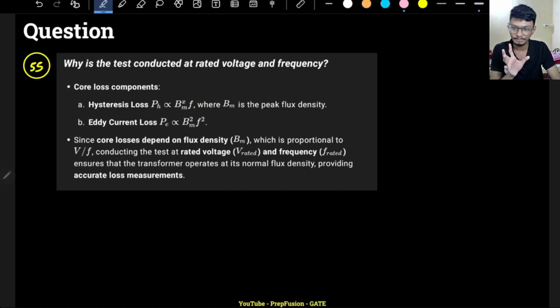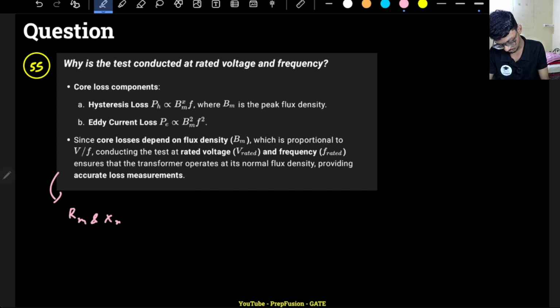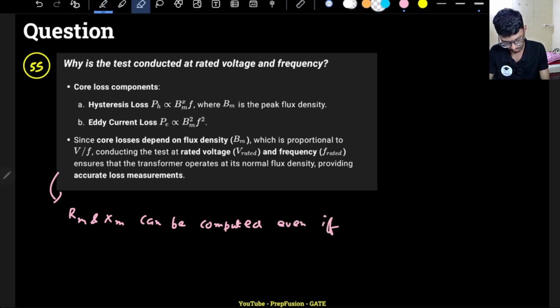The circuit parameters, my Rm and Xm, can be computed even if my voltage and frequency are not in rated condition.